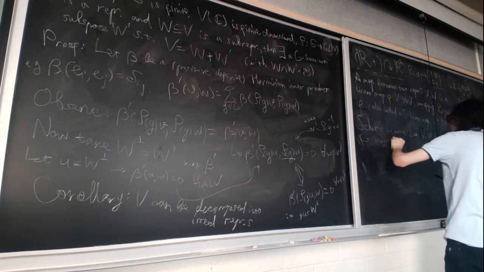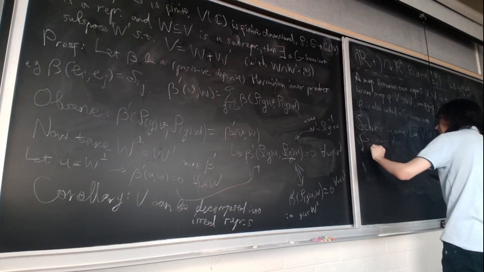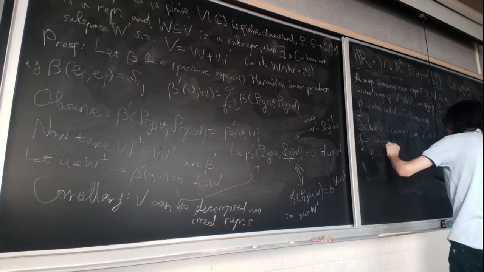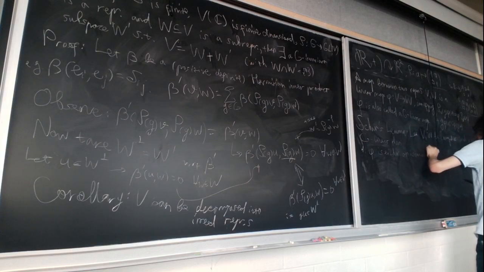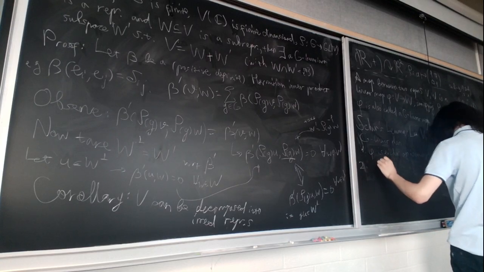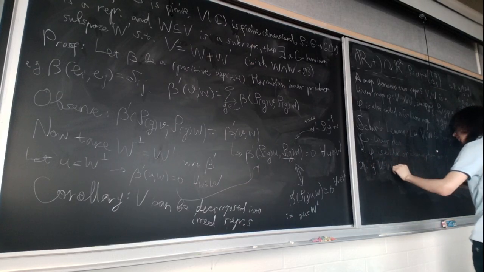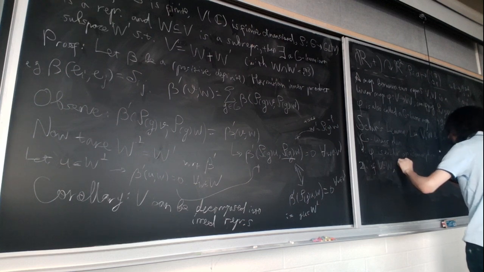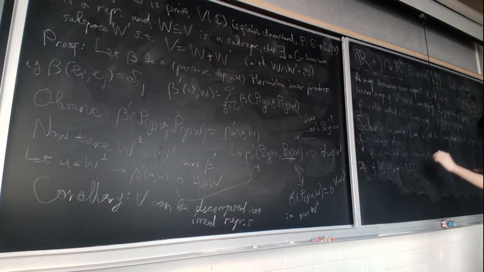Then phi is either an isomorphism or the zero map. And second, if V and W are the same vector space, then phi is just multiplication by a constant, some complex number.